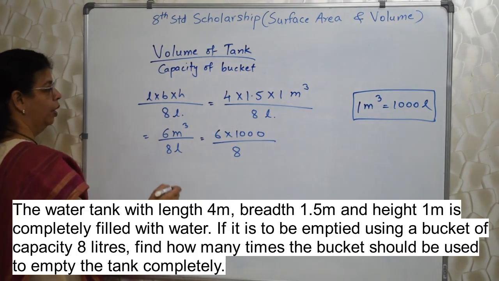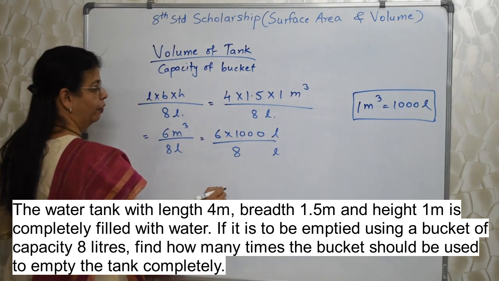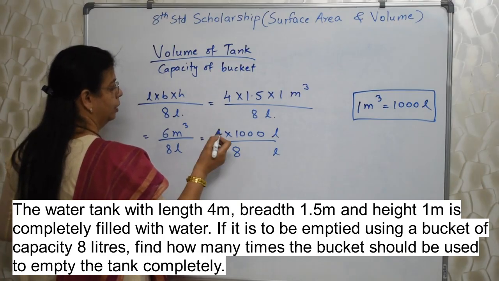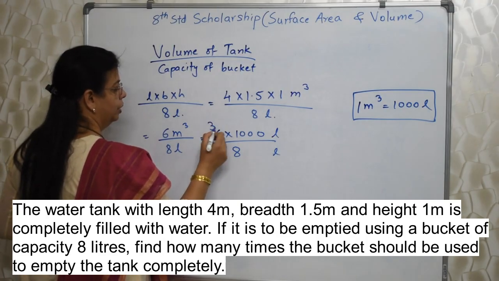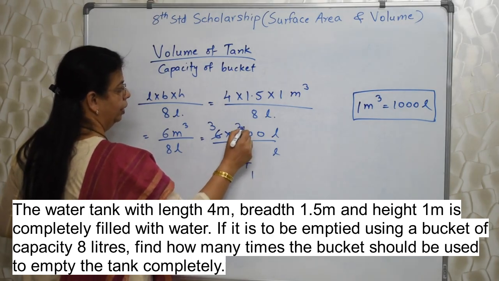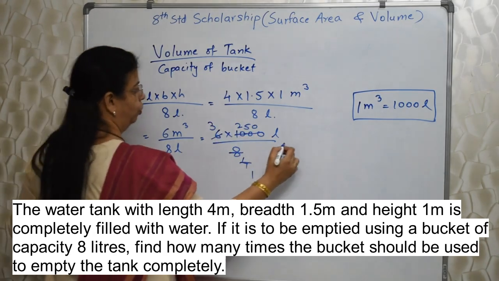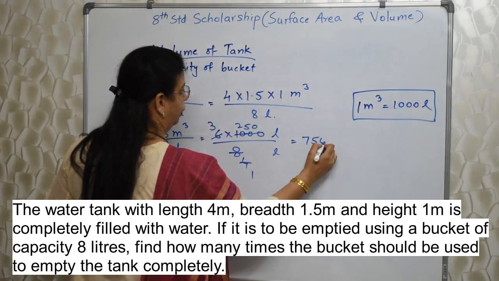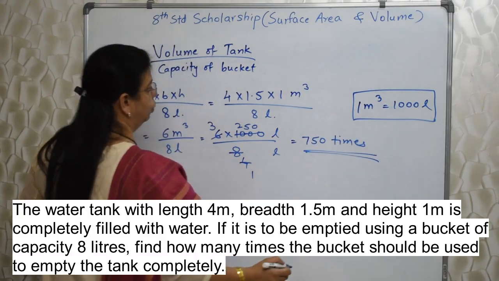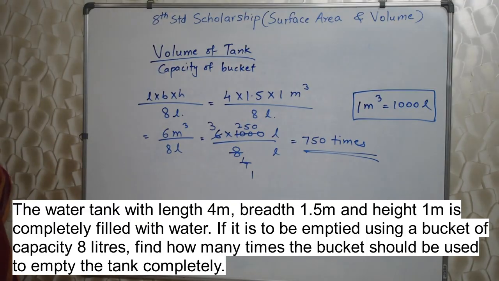8 will remain here. Now all are liters. Now everything has become liters now. So no need of writing this liters, right? So let's divide. 2 3s are, 2 4s are, 4 1s are, 4 2s are 8, then 4 5s are 20 and this 0. 250 into 3, that is 750 times we will have to make use of that bucket to empty the entire tank.